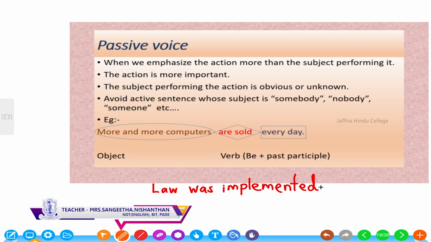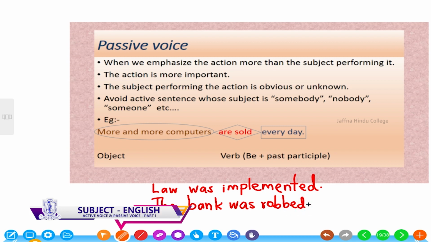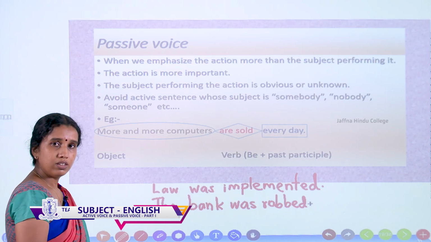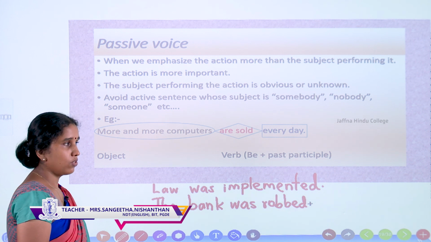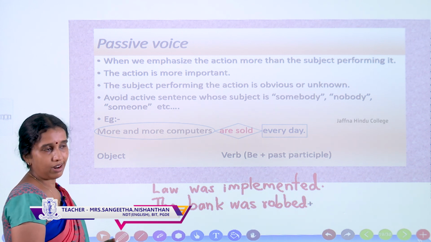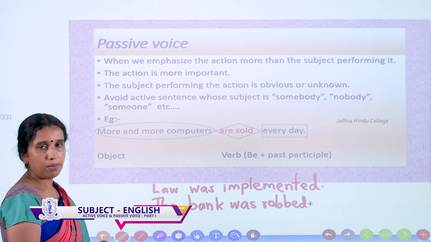For example, the bank was robbed. Can you imagine who robbed the bank? We don't know. So, the doer is unknown. If the doer is unknown, we can use the passive voice.